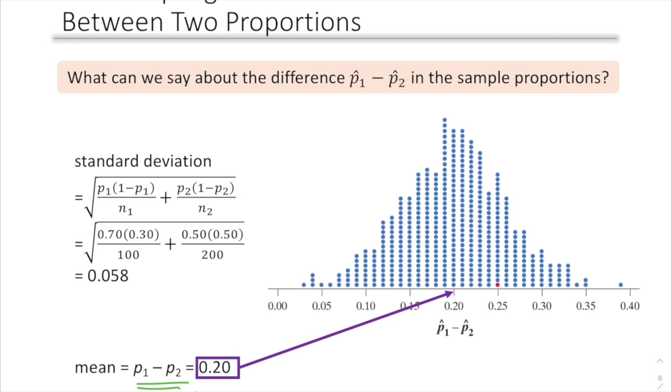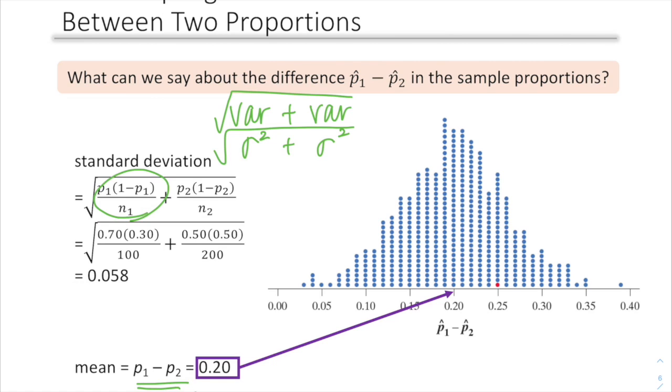Then the standard deviation, remember, in order to combine random variables, you add their variances, variance plus variance, so that looked like sigma squared plus sigma squared, standard deviation squared. But because we squared them to get variance, you then took the square root. So that's what these pieces are. Those are the standard deviation squared, the variance, add together, and then take the square root. So now we have the variability, the spread.